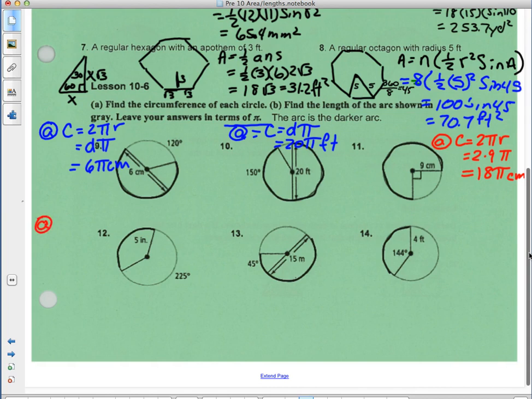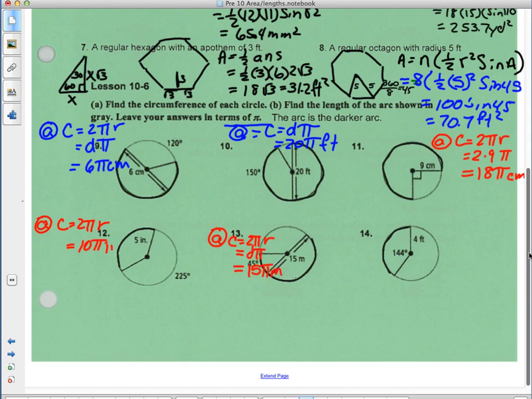For the A part, I got circumference is 2 pi r, and my radius is 5, so I got 10 pi. And my A in 13, I've got 2 pi r again for circumference. My radius is 7.5. My diameter is 15, so I'm going to grab the diameter. It's 15 pi.